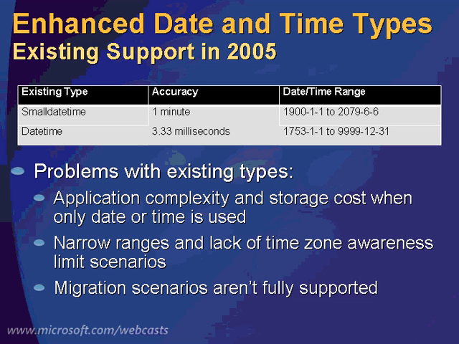Problems that developers frequently had with these data types: look at the scenarios where applications need date and time. Frequently, they'll need just a date or just a time. And because the storage size is significantly different, if you just want those components, you end up paying a higher cost than you would have to if we exposed a way for you to just use the piece that you wanted.